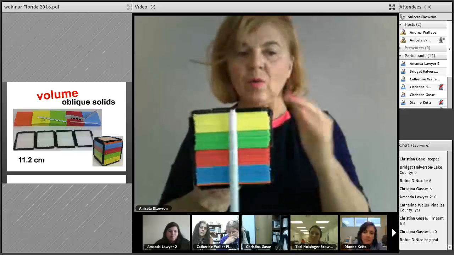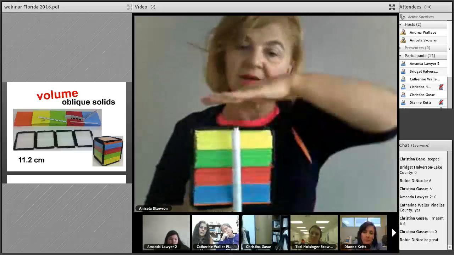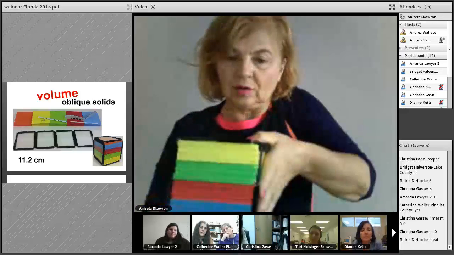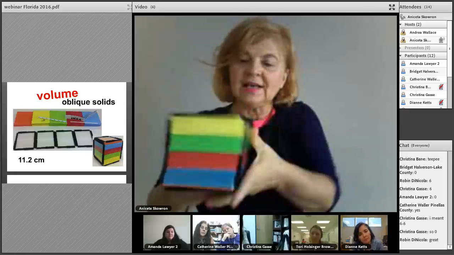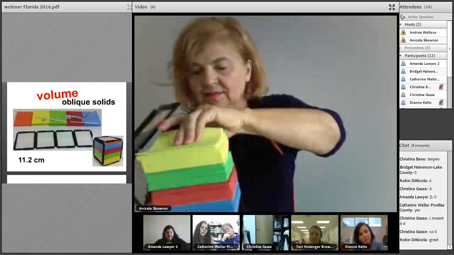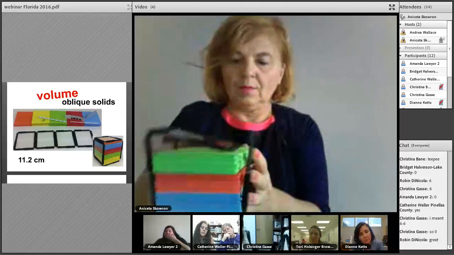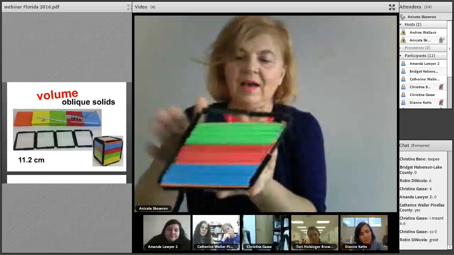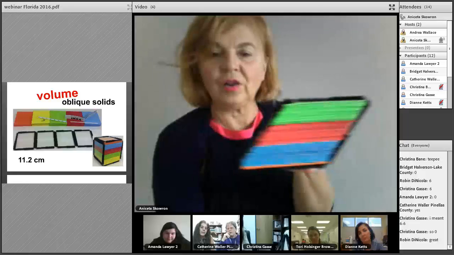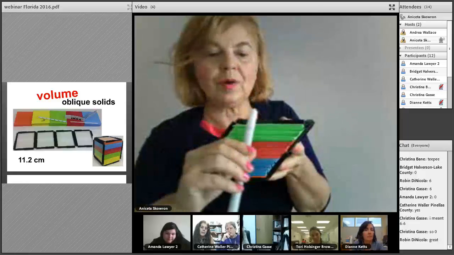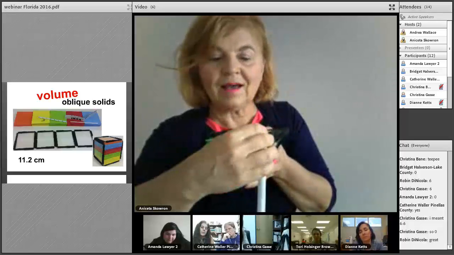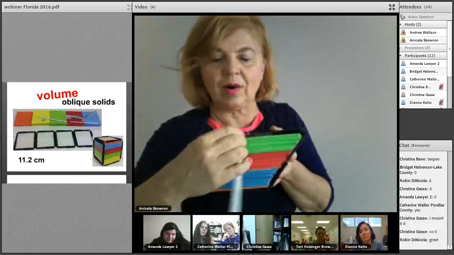So now what if I wanted to make that cube oblique? I cannot move it right now because it's full, right? So what if I removed 1 inch, like this, put it in, and then I make it oblique. So you can see that the volume of this cube got smaller, and also the height of it got smaller.